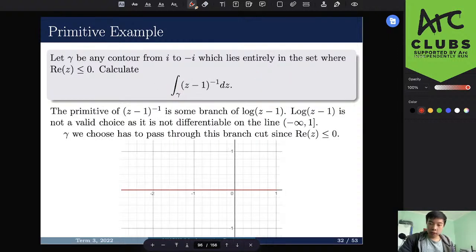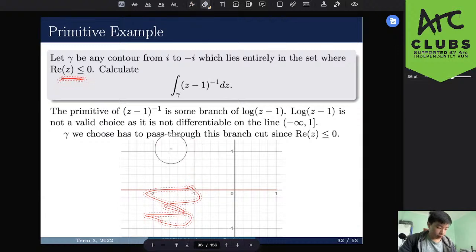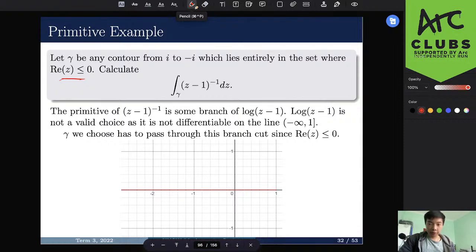And the contour is when Re z is less than or equal to 0. So it means that it can only exist on this half of the plane. And also, we know that it's going to be from i right here to minus i. So we want to find a primitive which is able to fit this definition.